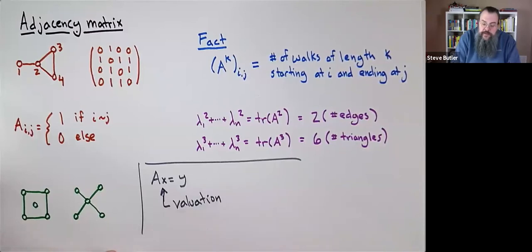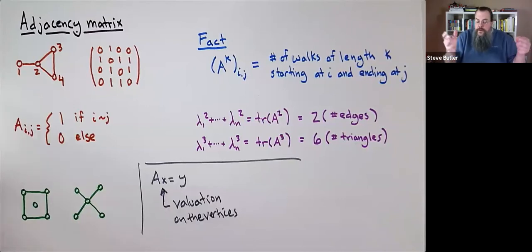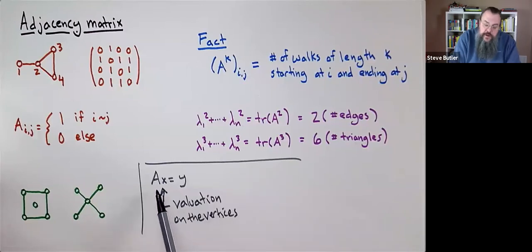Now, what does that mean? Well, it's a valuation on the vertices. I'm going to assign each vertex a specific value. Maybe I say this vertex has weight 2, this one has 3, that has -1, whatever it is. And now, what happens? Well, this Ax says, do something to your assignments, and we're going to produce a new assignment.